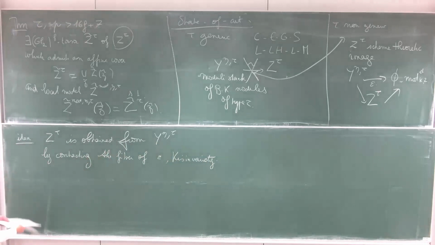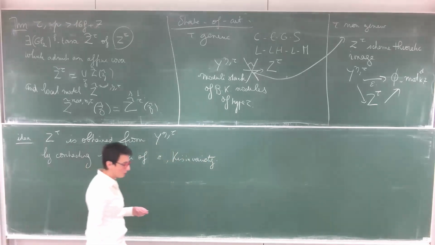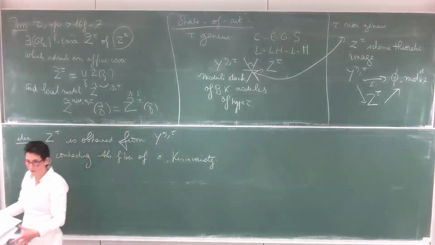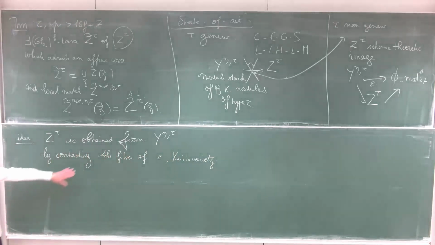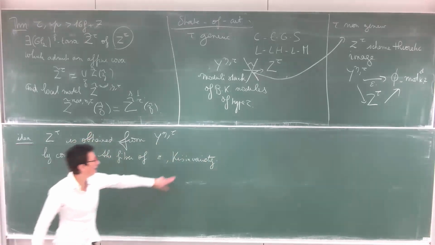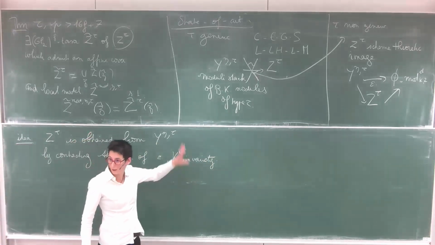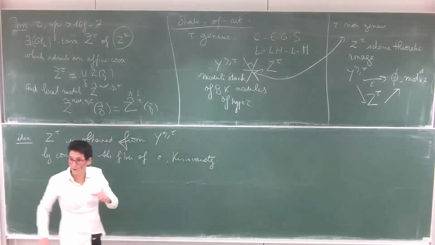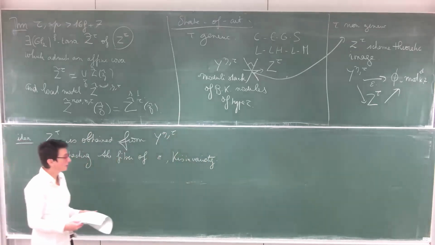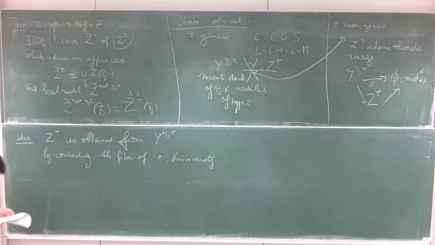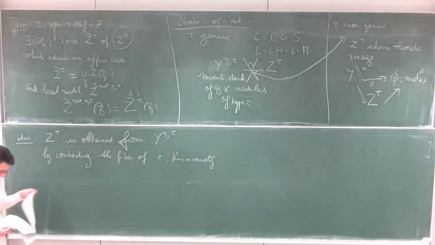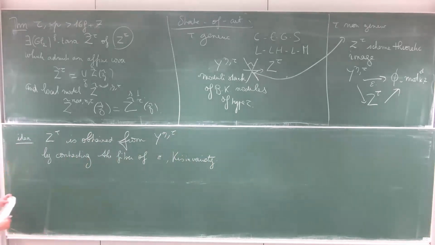And the point is to find a good model for this contraction procedure. In the generic case, the Kisin varieties are all trivial, they are reduced to one point, so you have nothing to contract. But in general, it's not important.